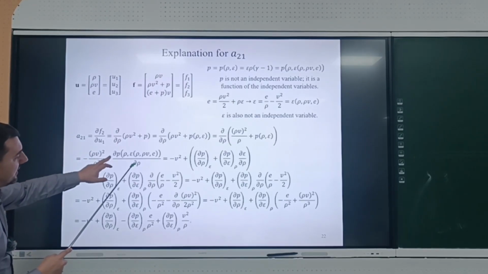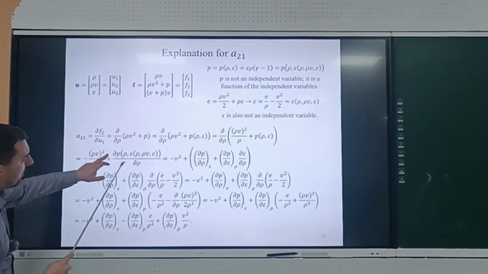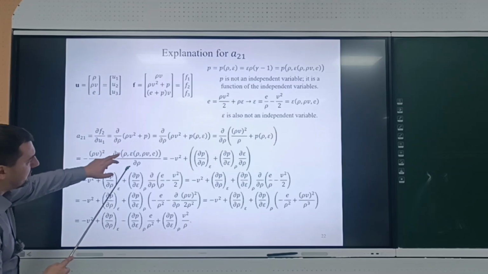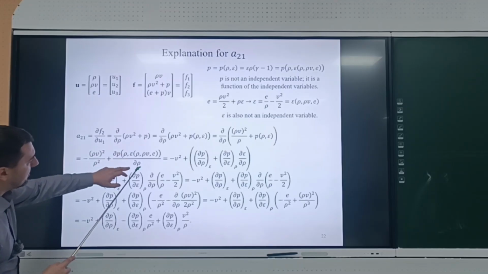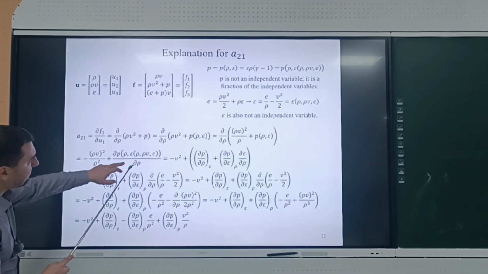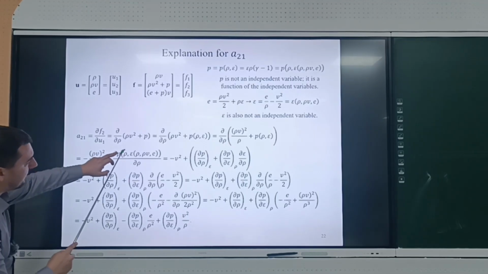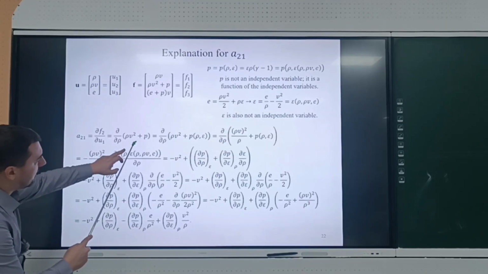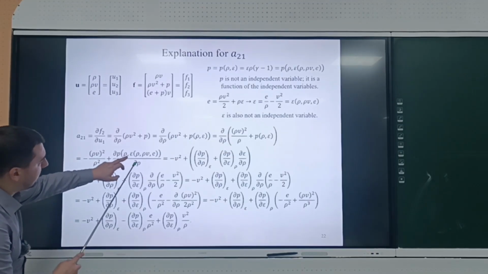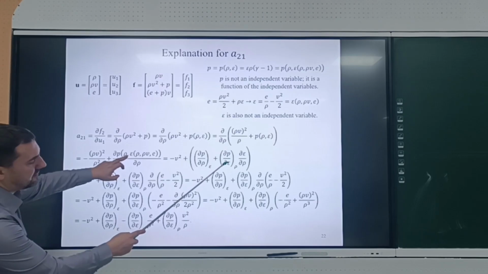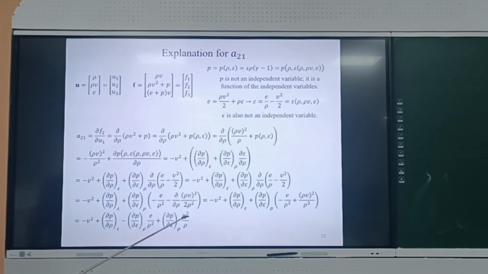And now we should compute the derivative of this function of rho, which is a complex function. First of all, we should compute dP over d rho under constant epsilon for the first argument, and then dP over d epsilon times d epsilon over d rho for the second component. Just like in mathematical analysis, the derivative of a complex function.